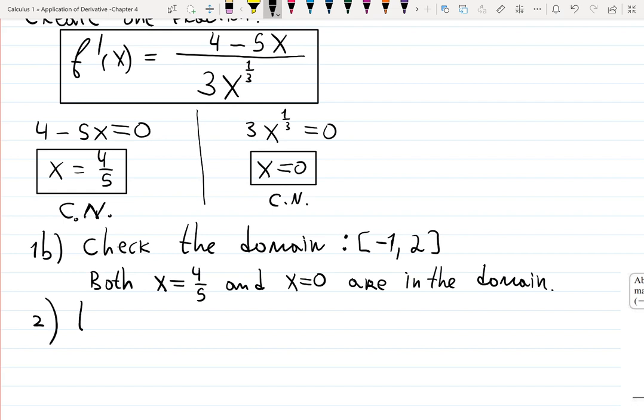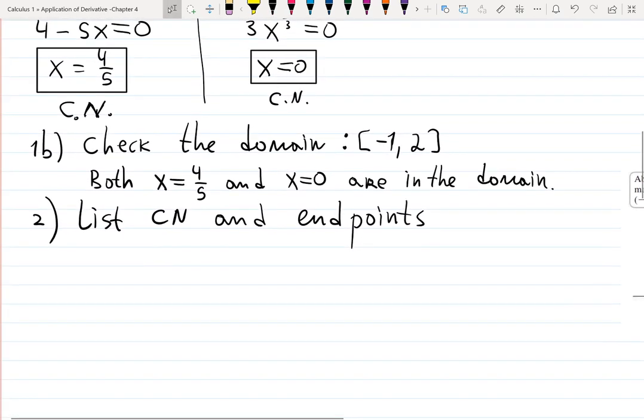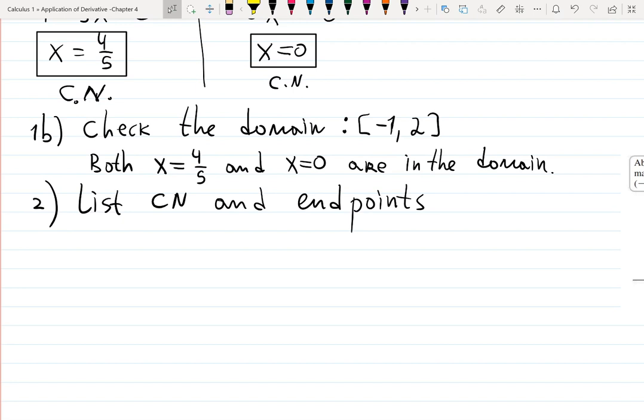Step 2, list critical numbers in the domain -1 and 2, right? Well, actually, that's an extra note. We don't have to do that because we already crossed everything out. And endpoints. I do 2a and 2b in one place. I like making tables. So the table will look like this. x equals 4/5.